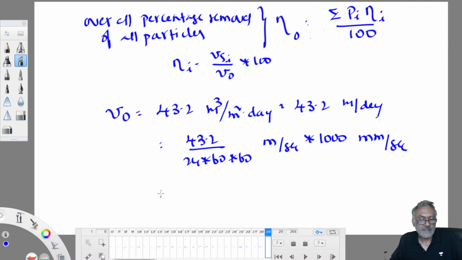Let us see. 43.2 by 24 into 60 into 60 into 1000, that is 0.5 mm per second.